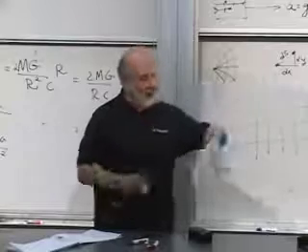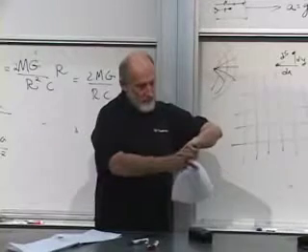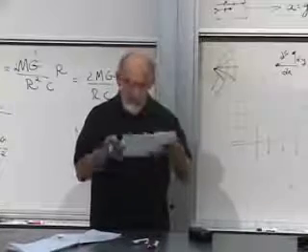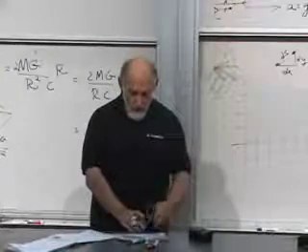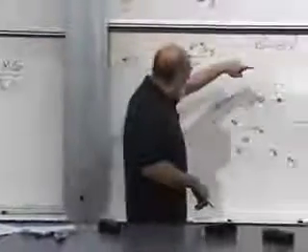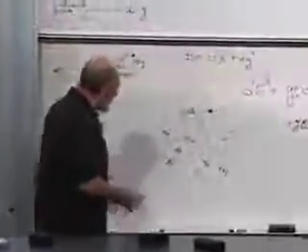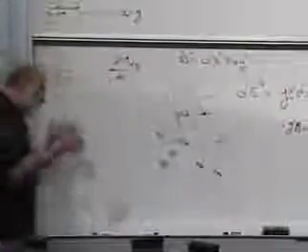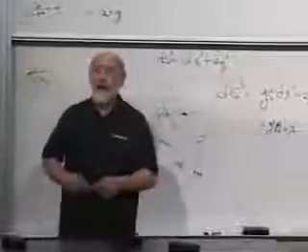At the tip, something funny is going on, but anywhere else you can unwrap it. So you can use coordinates on a cone except for the tip, which look like this. Cones are not flat, but only at the tip. Cylinders are flat. Planes are flat. Spheres are not flat.